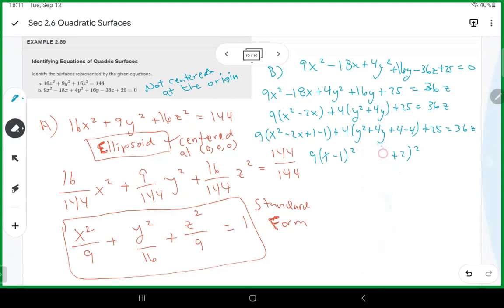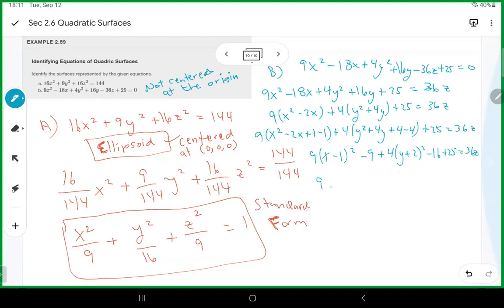Hold on. Minus 9, minus 16, plus 25 equals 36z.